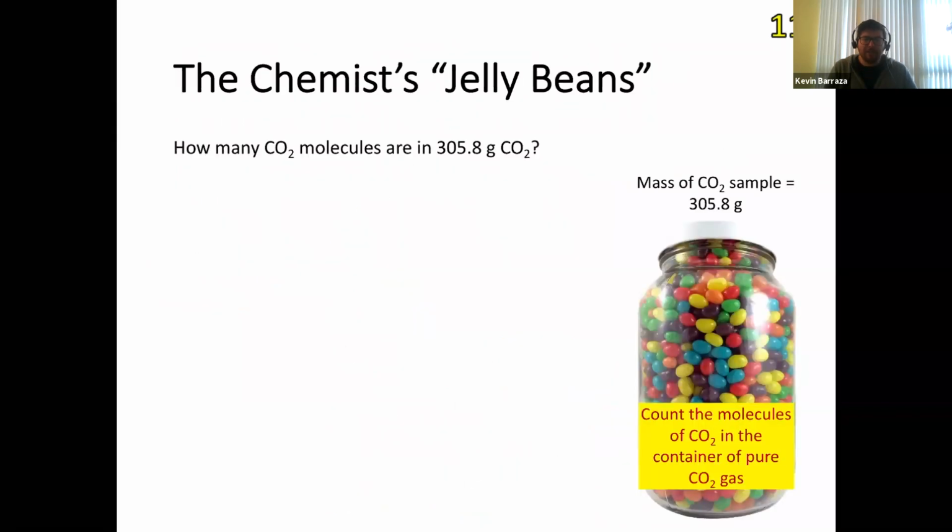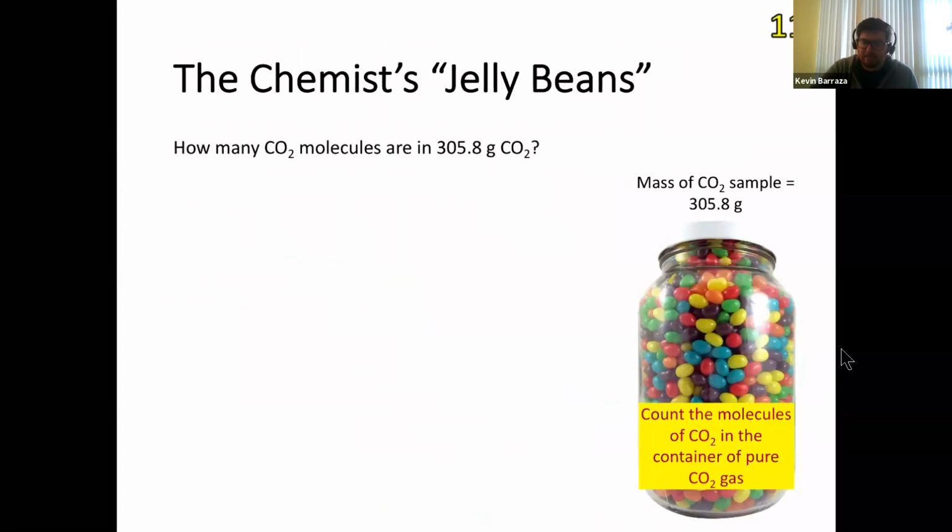All right, so now to circle back and connect it to the beginning, we're going to talk about the jelly beans again, except now we're going to take off that analogy and replace it with what we really want to do, which is ask questions about counting particles in samples.